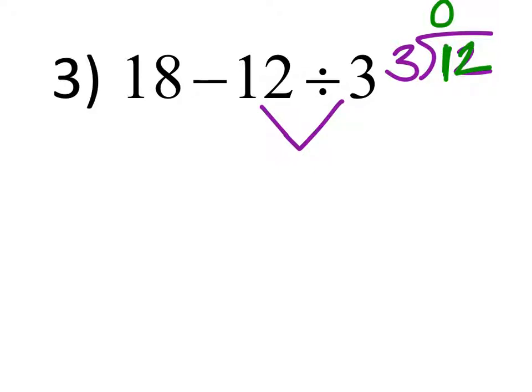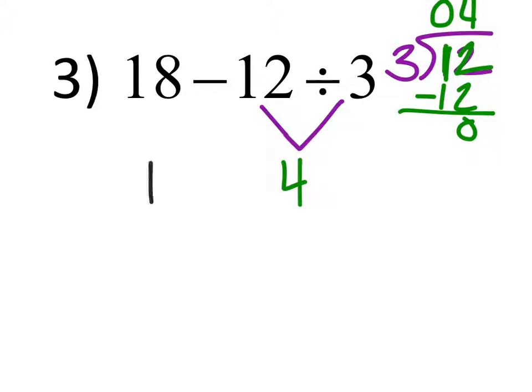Well, we could look. 3, 6, 9, 12. I'm using my fingers to count those, by the way. Is that embarrassing to you guys? Like, what the heck is that? If it helps you to use your fingers, do it, okay? Well, I counted 4, so 4 times 3 is 12. And when we take this away, we have 0 remaining. So 12 divided by 3 is 4.